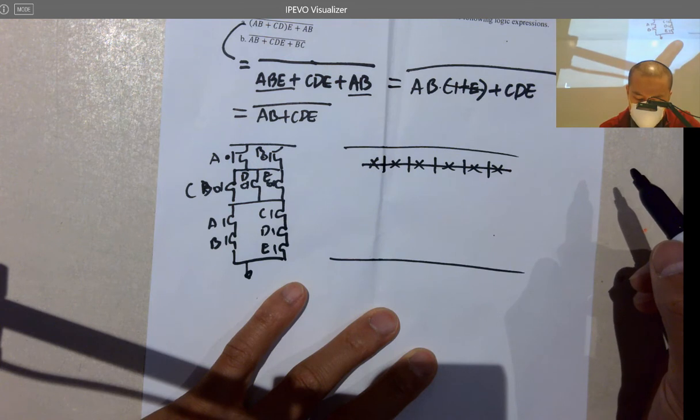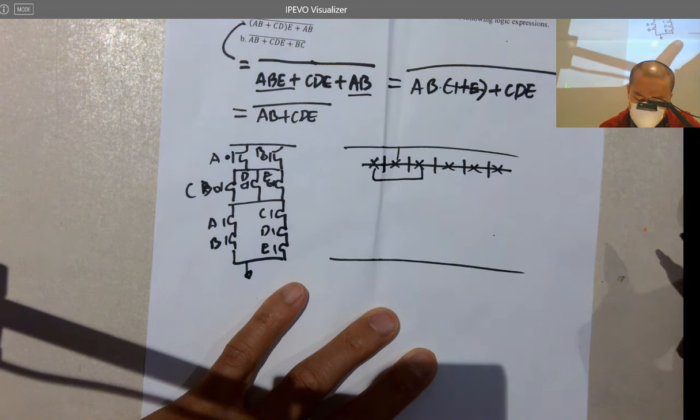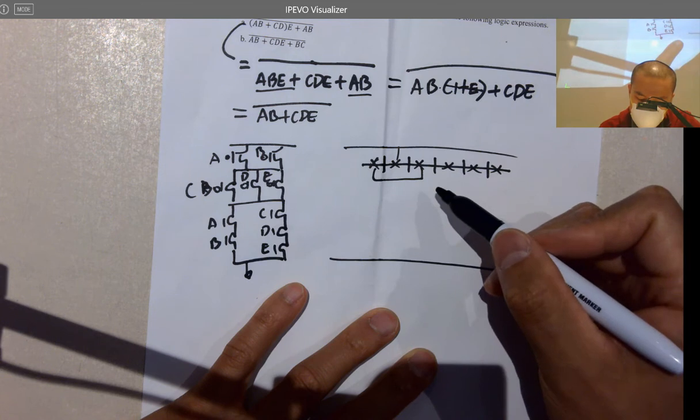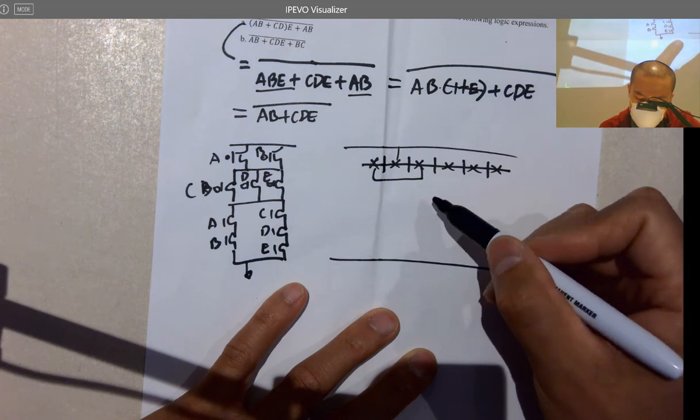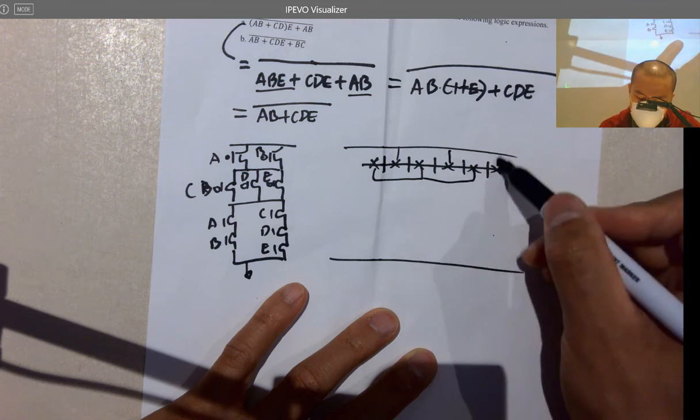How do we do that? So two in parallel, and then three in parallel. Okay, do this. Does that work?